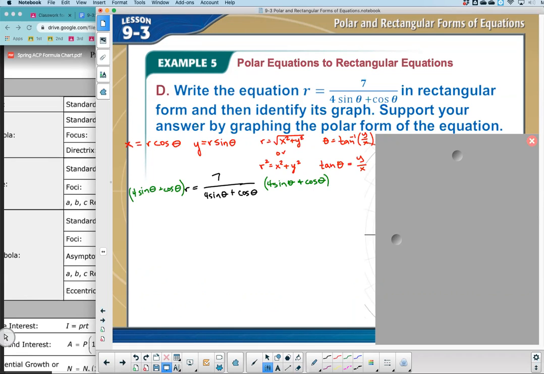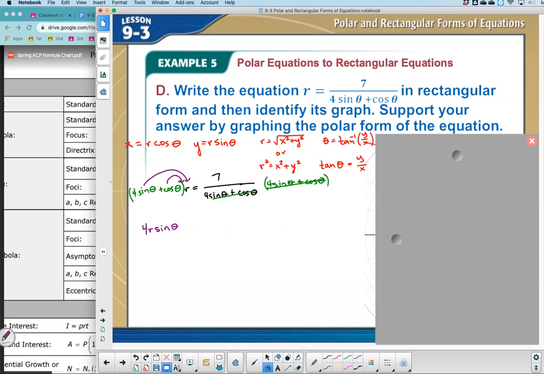So again, the tricks for polar are: if it has a denominator, multiply by that denominator. If it does not have a denominator, but you have a sine or cosine by itself, multiply both sides by r. Those are tricks that happen very frequently. I'll distribute this out. So I'll have 4 sine theta times r, which I'm going to reorder and say that's 4r sine theta.